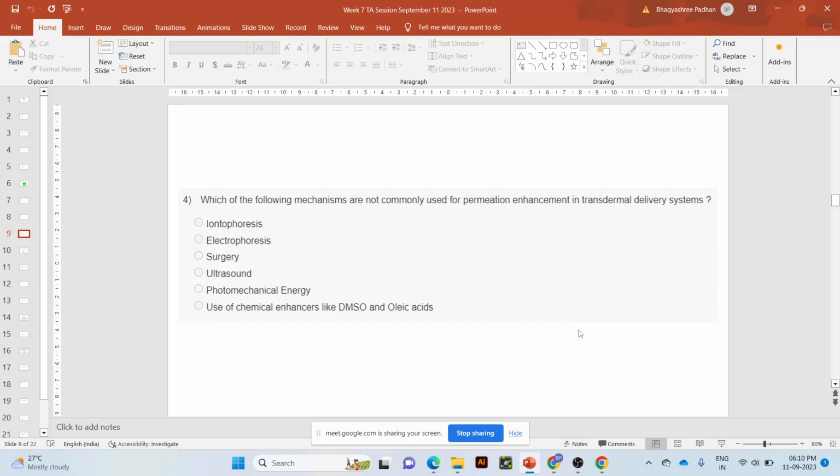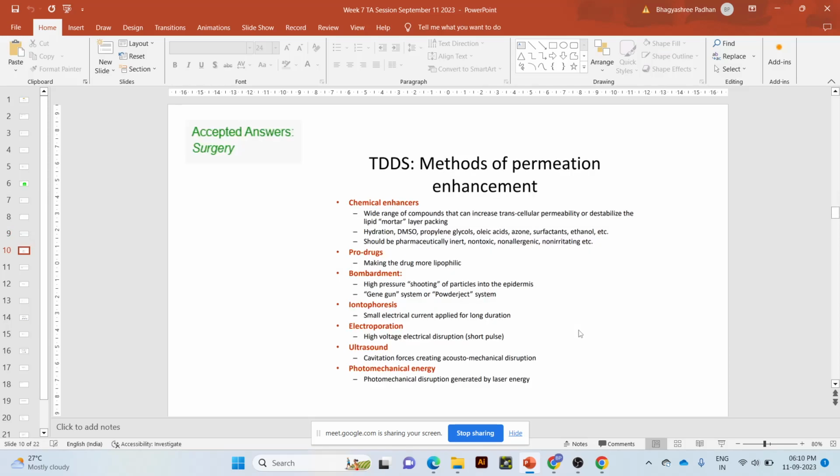I guess you all had a very good assignment last week because all of you are ready with answers. Yes, surgery is the correct answer, and these are the methods of permeation enhancement in transdermal delivery: chemical enhancers, prodrugs, bombardment, iontophoresis, electroporation, ultrasound, and photomechanical energy.